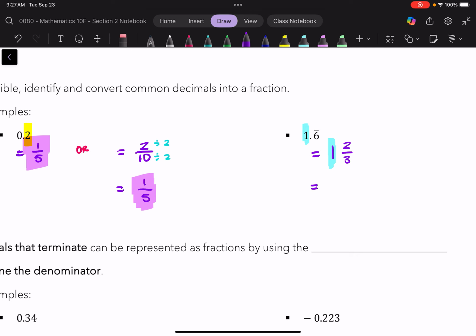We want to leave our answer in that form that would help continue doing additional operations when we get to that point. So in grade 10 or 11 or 12, we will get to a point where we're doing more than just our basic operations with fractions.